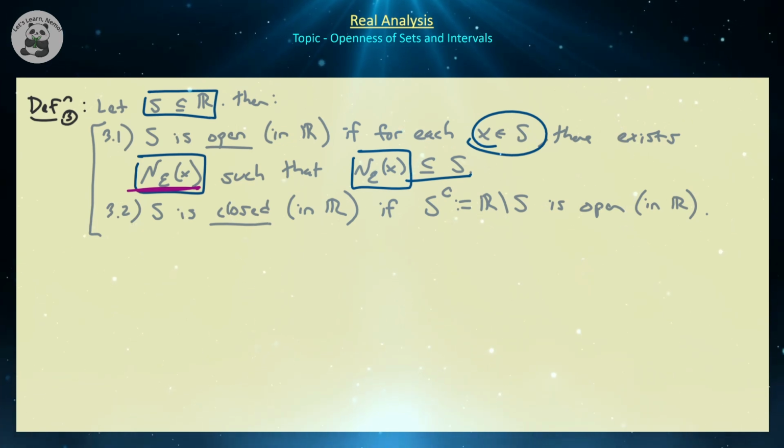So it has to be true for all epsilon and also for each x. And we say that a set S is closed if its relative complement is open in R.